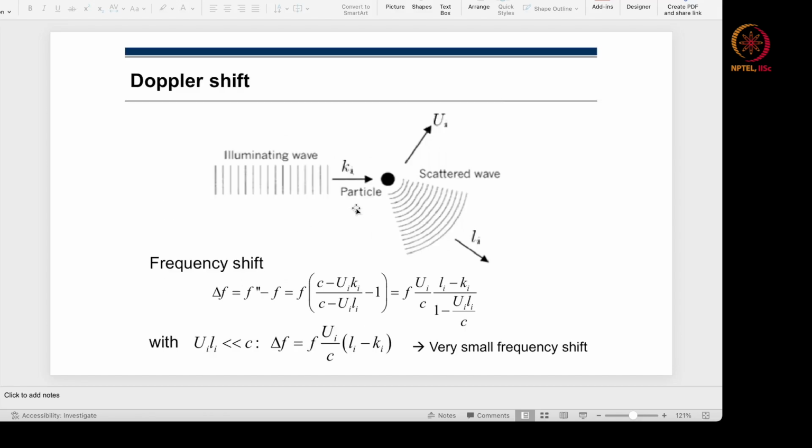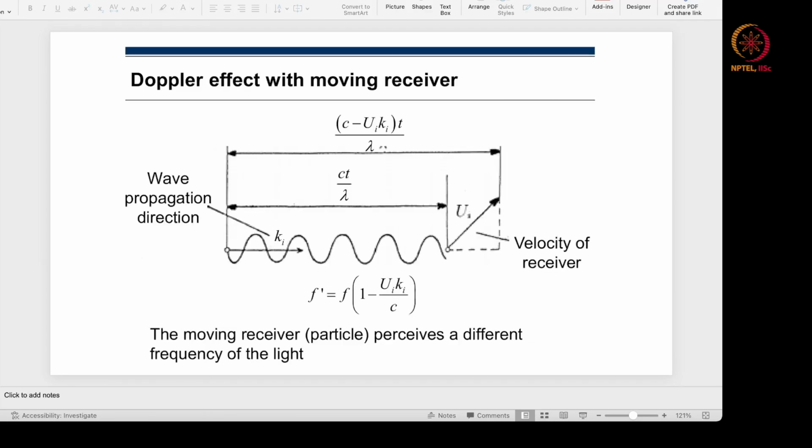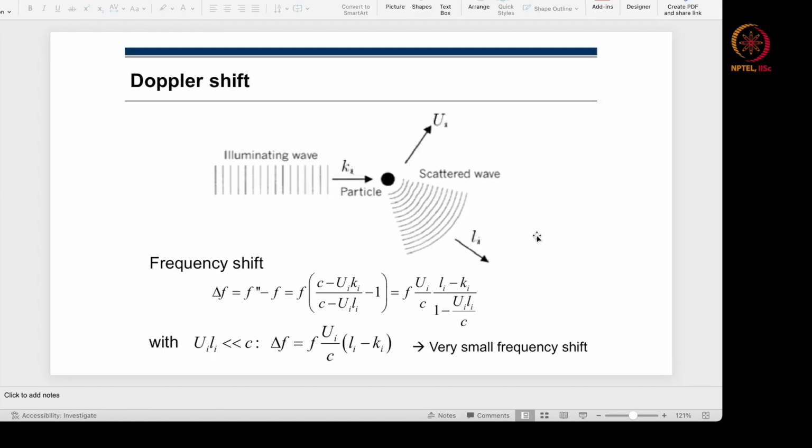On the other hand, the left-hand side is where there is a stationary transmitter but a moving receiver. So basically it's a superposition, or the combination, of these two cases which leads to what we are receiving on the screen.